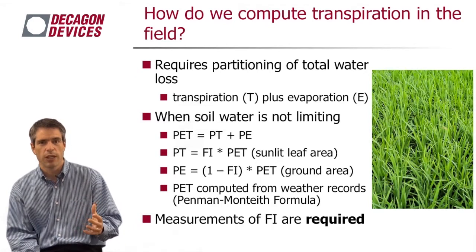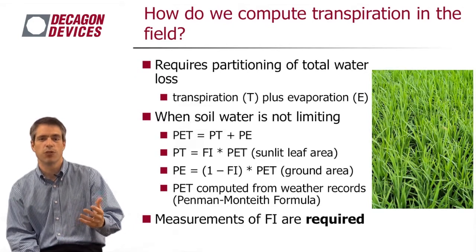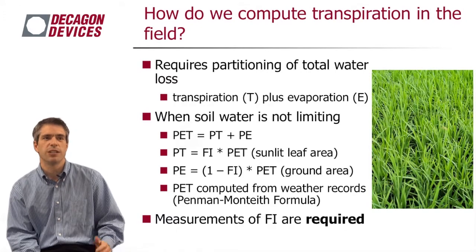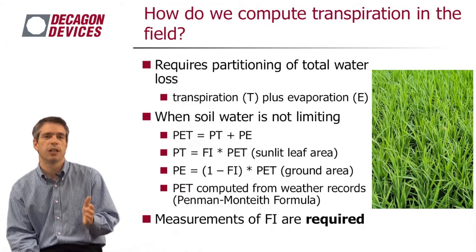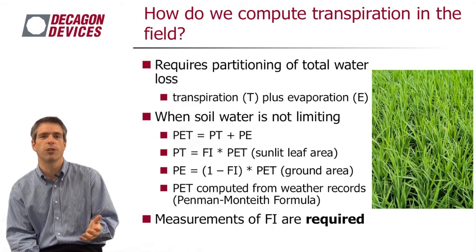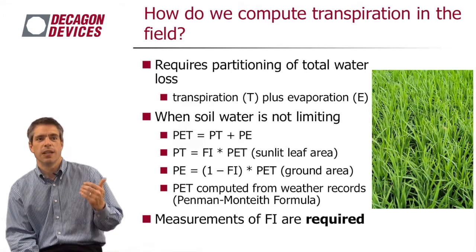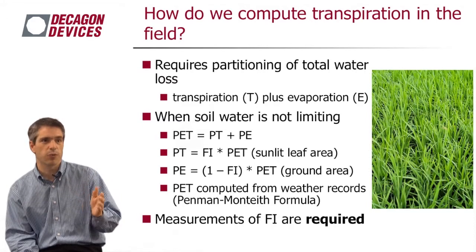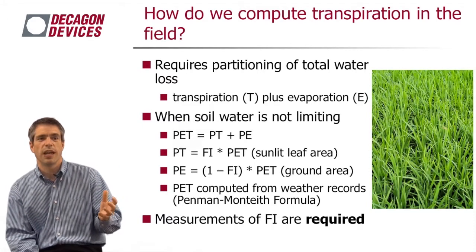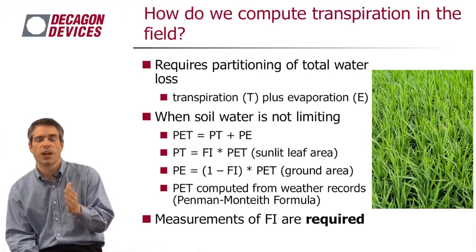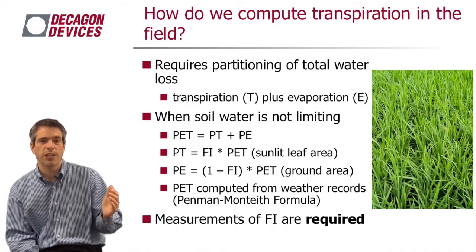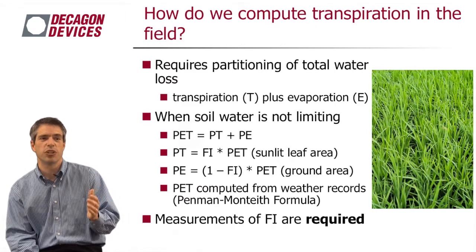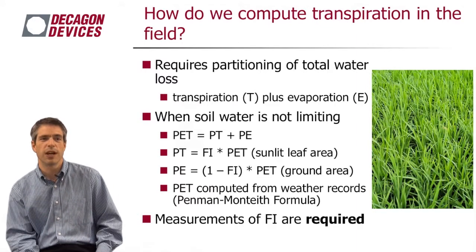To partition, we could use a model like the Penman-Monteith to get our potential evapotranspiration, meaning the evapotranspiration in a well-watered crop, then split those two things, where our potential transpiration is the fraction of interception times the PET, potential evapotranspiration, and our potential evaporation is just 1 minus the fractional interception times the PET value.